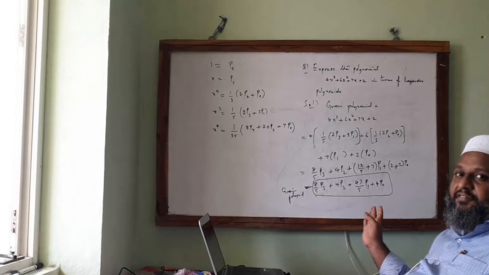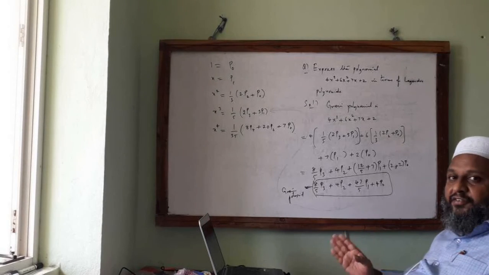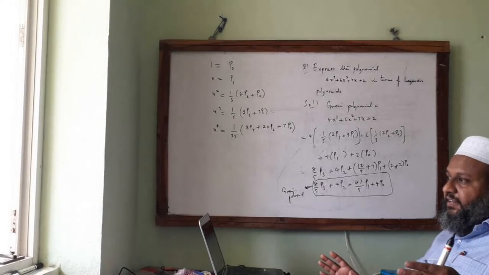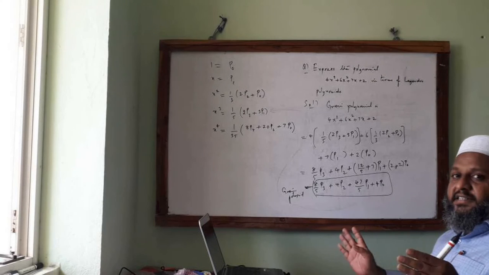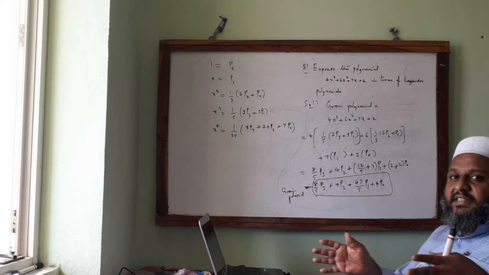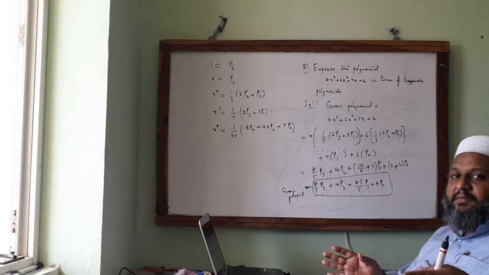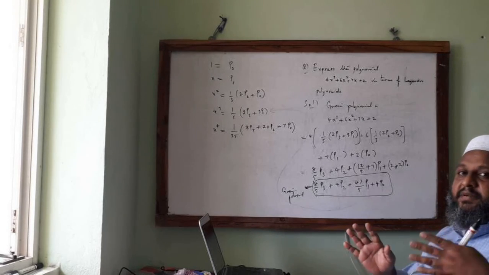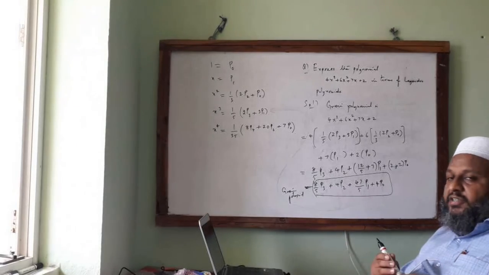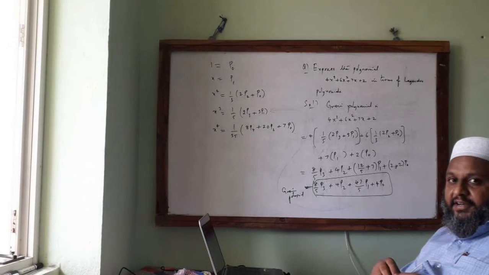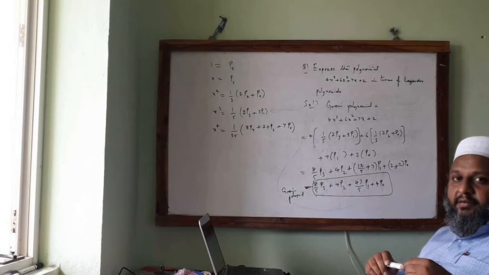The 5th one was the Legendre differential equation solution, and this is the 6th video. So if you go through these 6 videos, every concept of this unit is covered as per the present Mathematics 2 syllabus of Osmania University, 2019 to 20. I hope you are clear about this one.